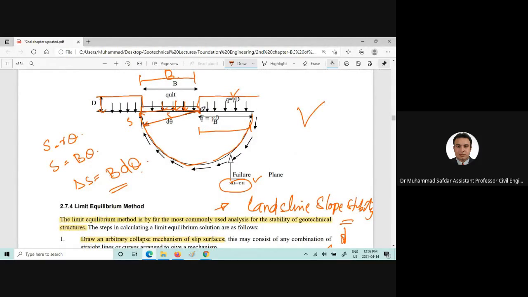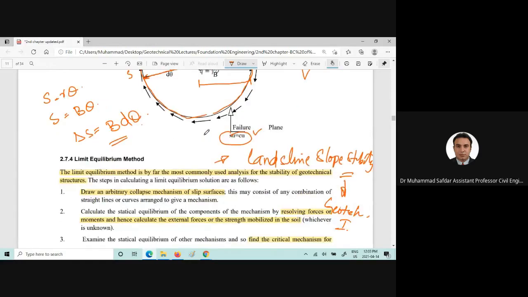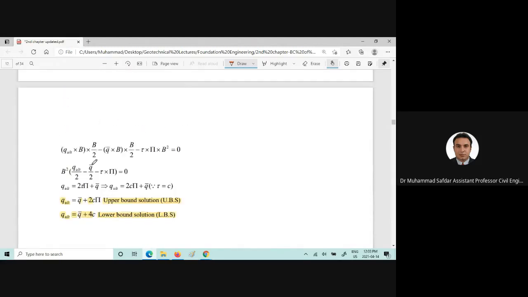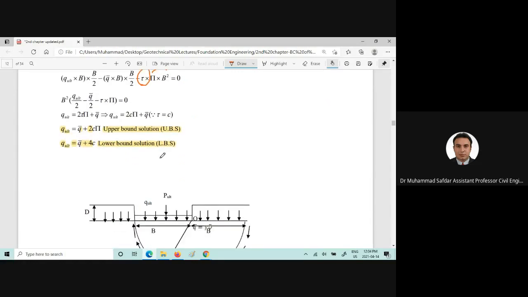If we take moments at O equal to 0, and if we solve the same problem using the Q ultimate and the moment arms, the Q bar and the moment arms, the cohesion and the moment arm, and we introduce the shear strength term for the cohesion of the soil and solve these equations, we will come up with the same upper bound solution when the shear strength is equal to the cohesion.